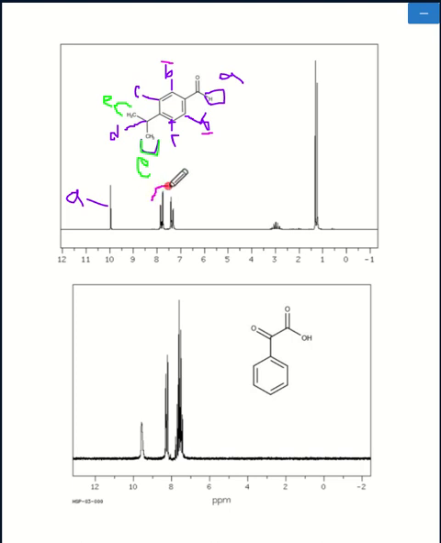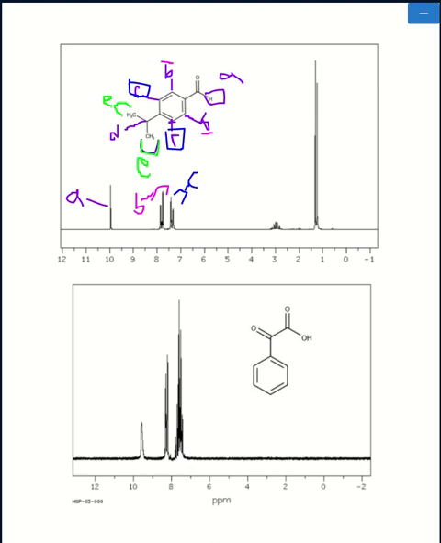So these guys right here are effectively going to be environment B. And then environment C, the two hydrogen that are furthest away. So this guy and this guy, those hydrogen are attached to carbons that are 2 away from the carbon attached to the aldehyde group. Therefore, they are going to be less deshielded. They're going to be more upfield. Therefore, that double peak right there would be environment C.